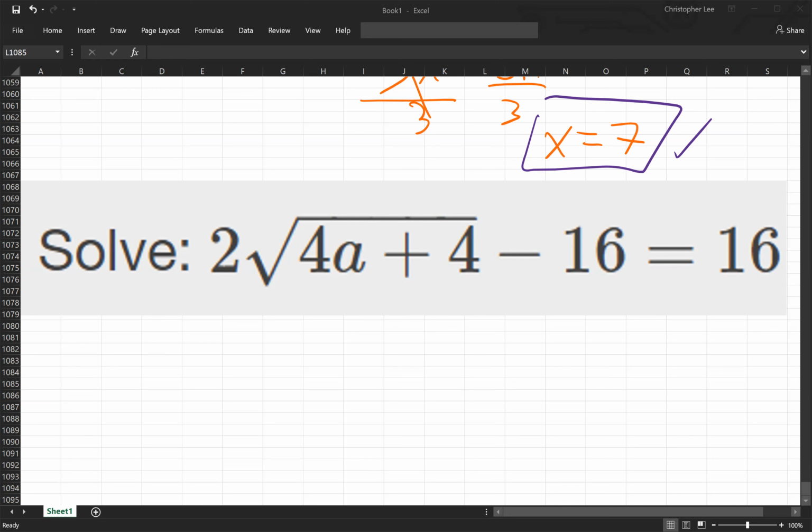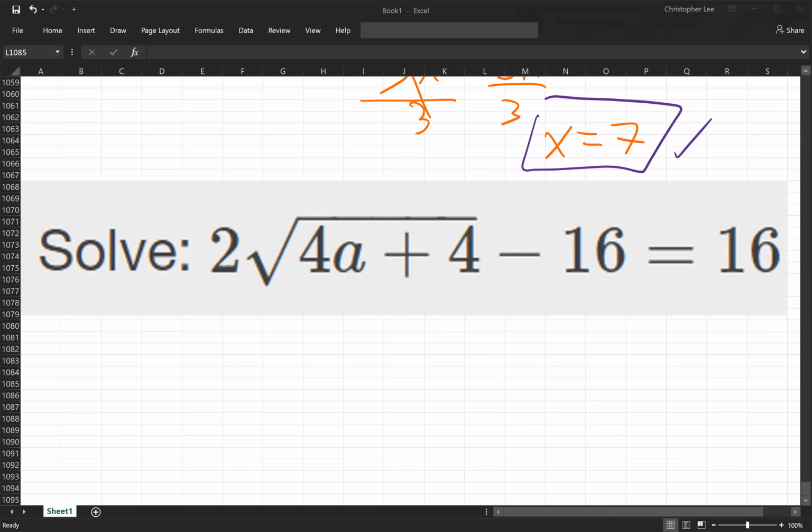Next. Yeah. So you can divide by the 2 to get rid of it. Oh, I'm sorry. So you want to check it? Just plug in for A. That's it.